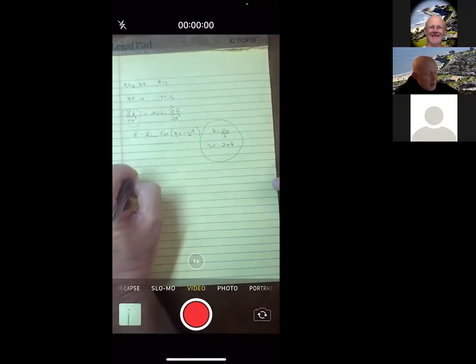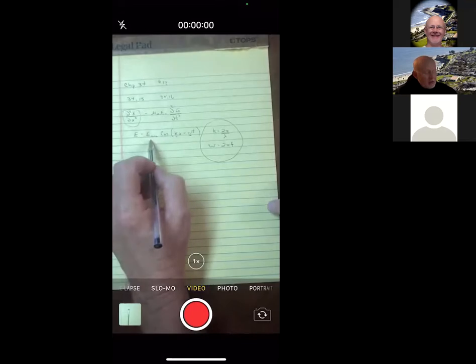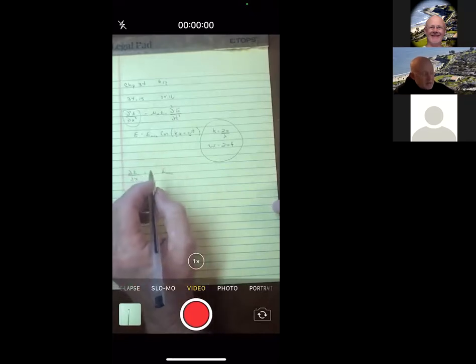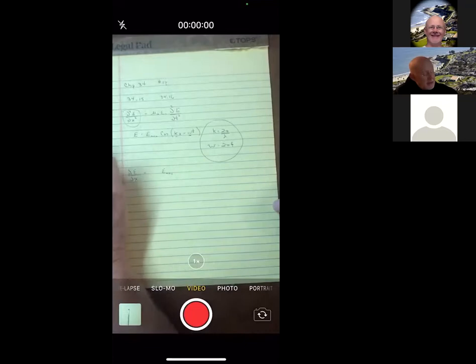Maybe I should just do it once the first time. Okay, with respect to x. So when you take the derivative of this function, you leave the constants alone. The derivative of a cosine becomes, I believe, a negative sine. Yes, okay.